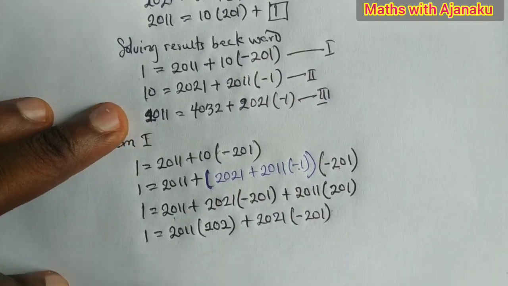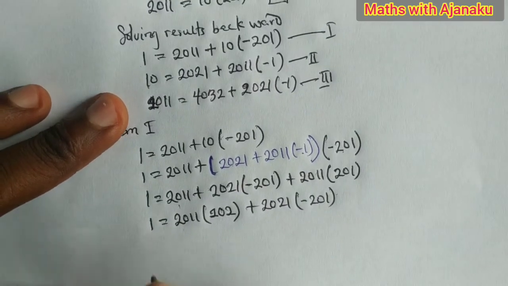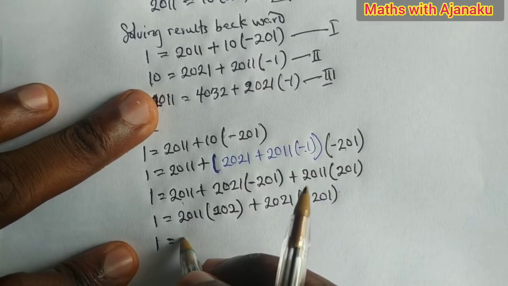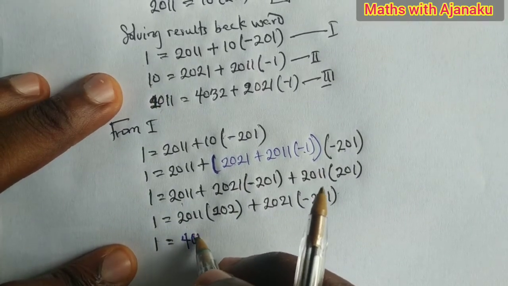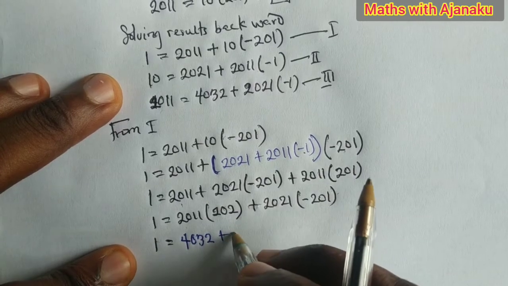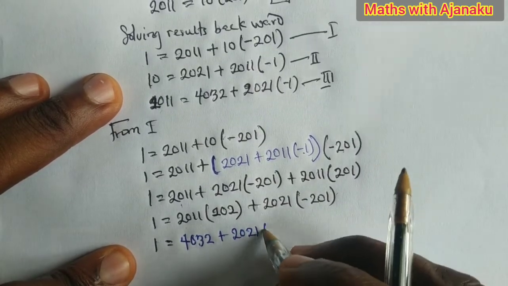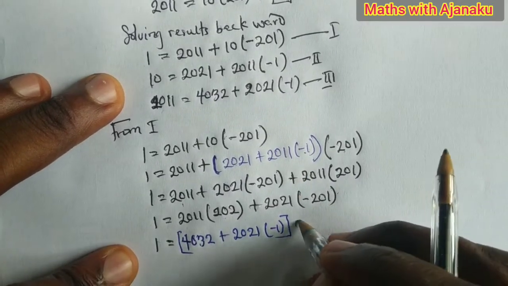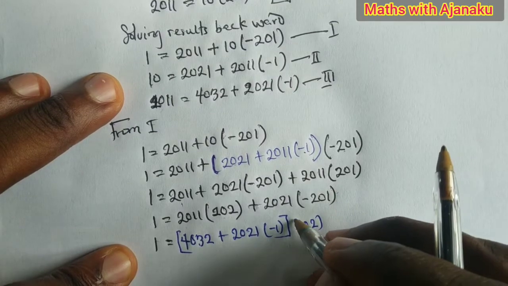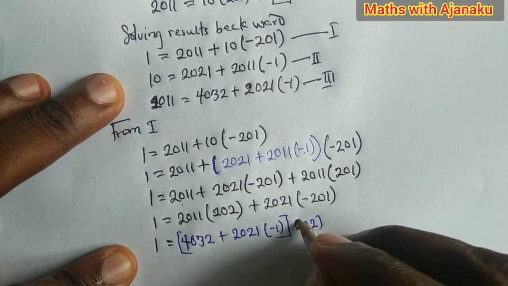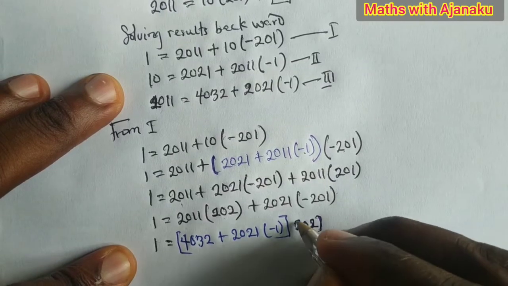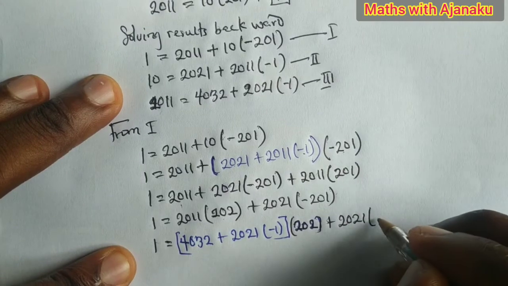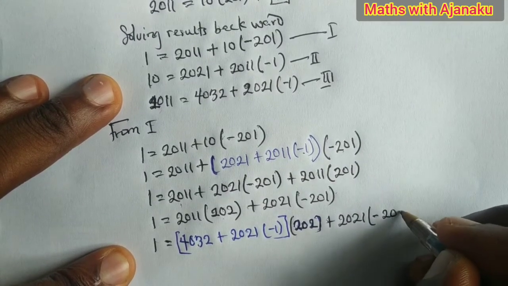So substitute, then I get 1 equal to, instead of 2011, I write down 4032 plus 2021 into bracket minus 1, all into bracket 202 plus 2021 into bracket minus 201.